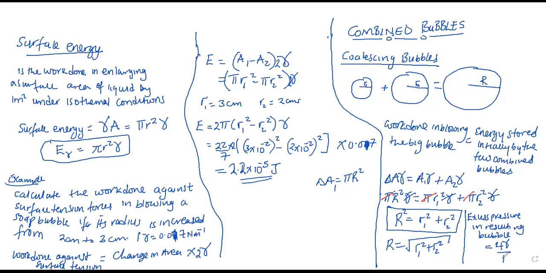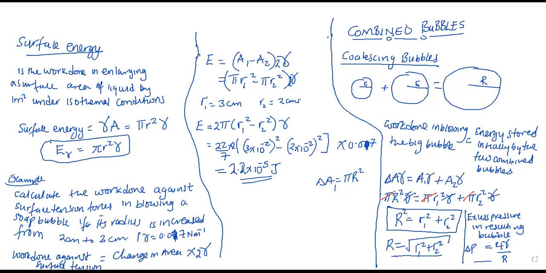So it will be 4 gamma over the radius R, which is big. This is the change in pressure or the excess pressure. So you first get this big R of the resulting bubble, then you substitute it in this formula for excess pressure, and then you can be able to attain the excess pressure of the resulting bubble.